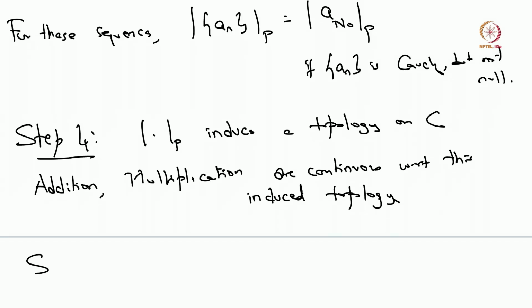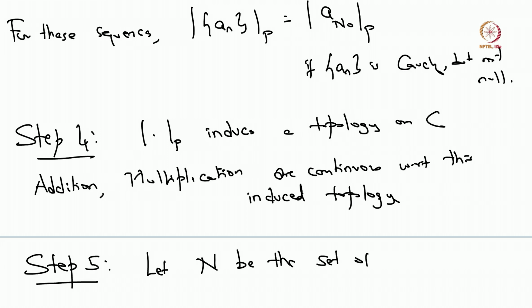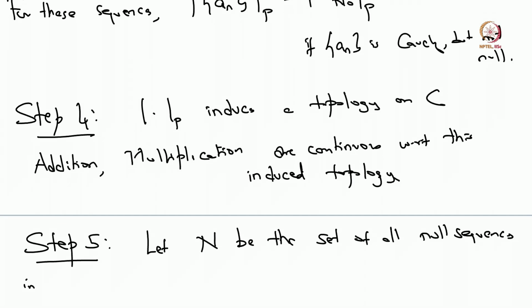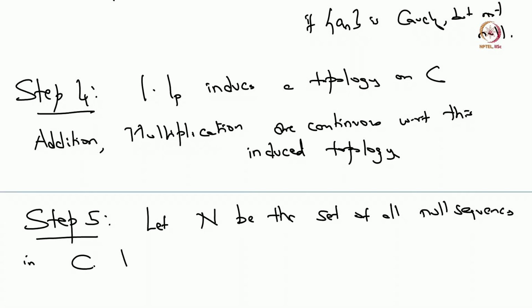So we have a ring and you can form an ideal. You look at the set N of all null sequences in C, and we already know that every null sequence is Cauchy.